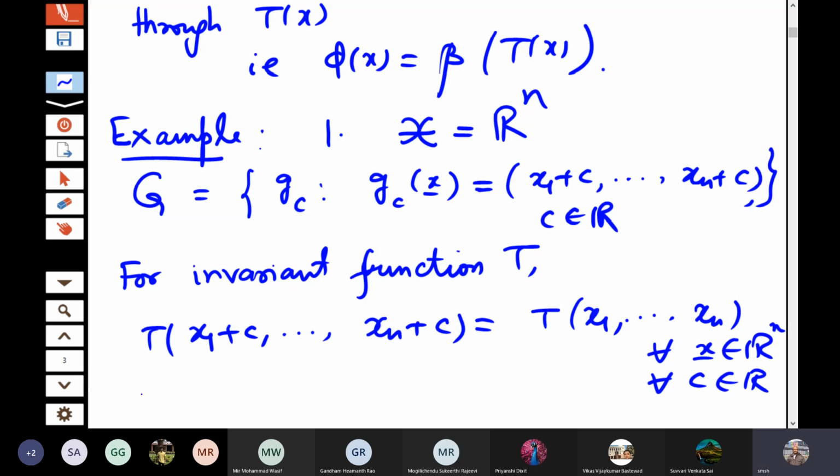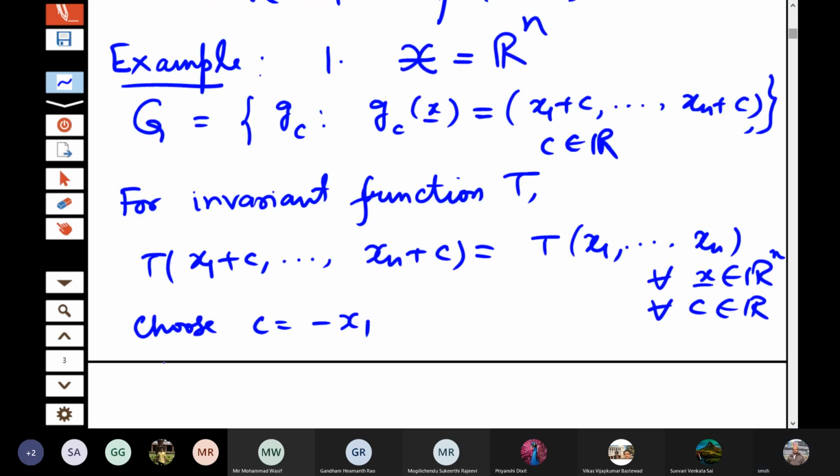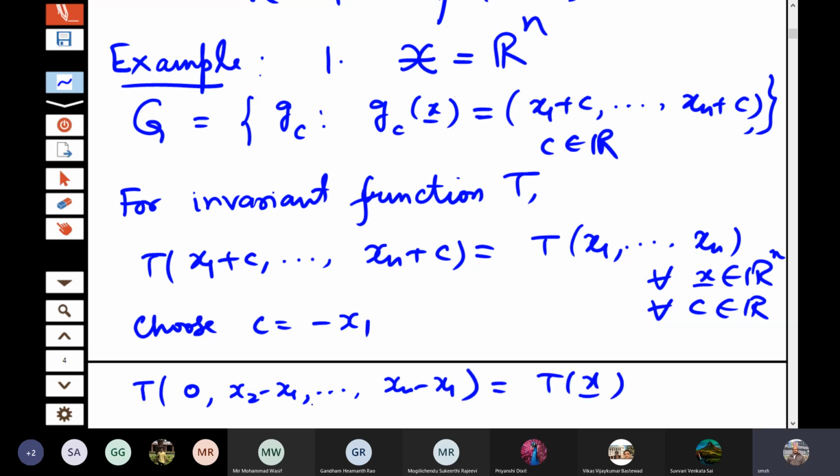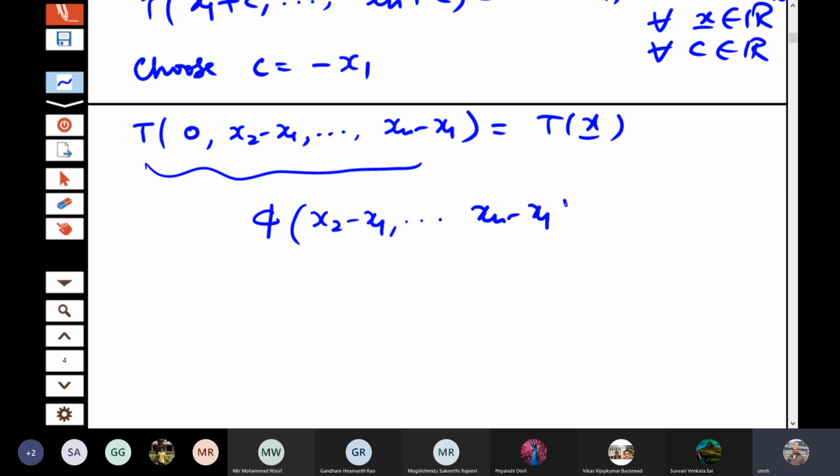So we can choose, say, c equal to minus x1, for example. Then on the left side you will get T of (0, x2 minus x1, and so on, xn minus x1), which is equal to T of x. So on the right hand side, you are getting this as a function of x2 minus x1 and so on, xn minus x1.